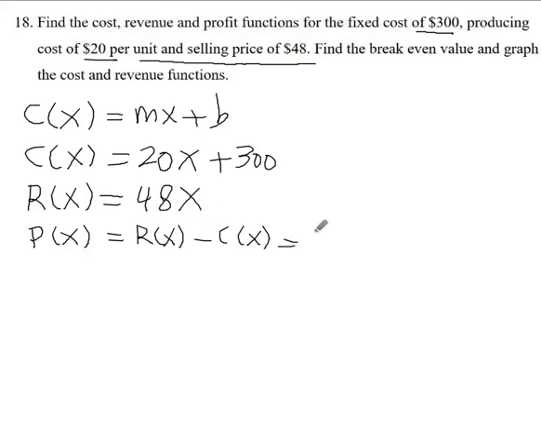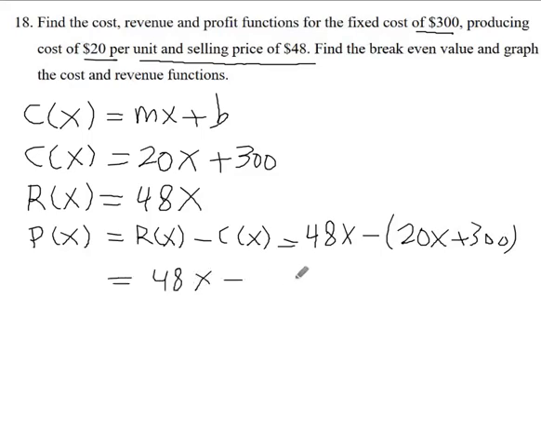So this would be 48x minus the cost, which is 20x plus 300. I'm going to distribute that: 48x minus 20x minus 300. Combining like terms, 48x minus 20x gives me 28x minus 300.